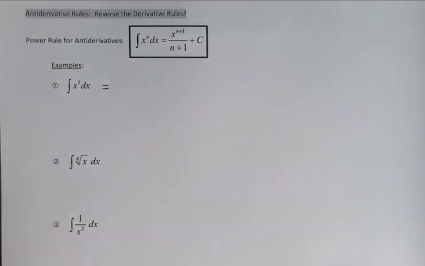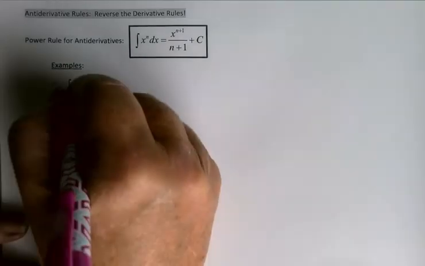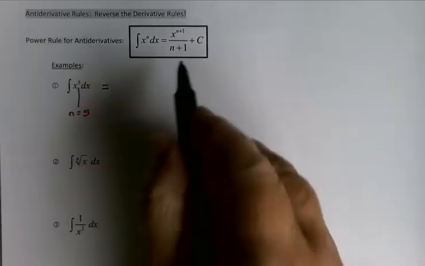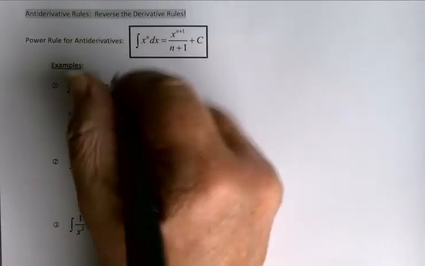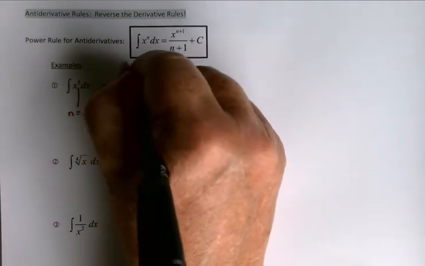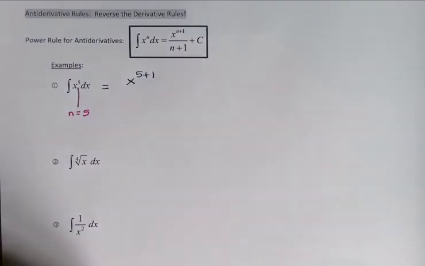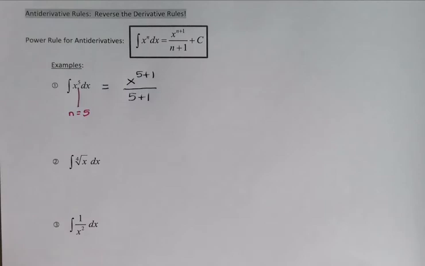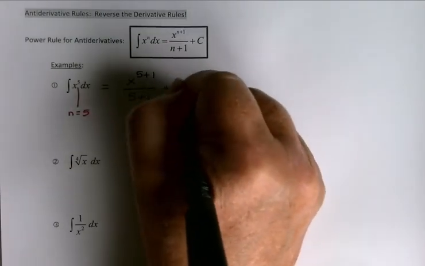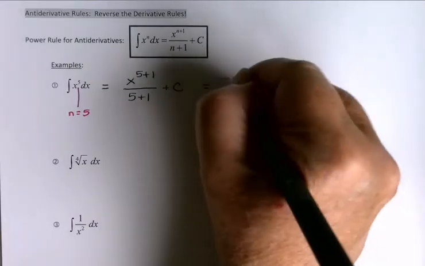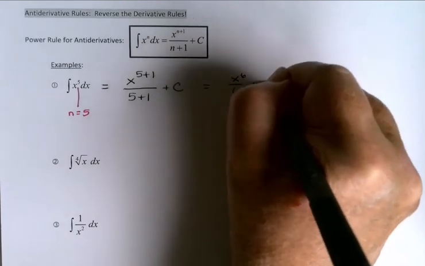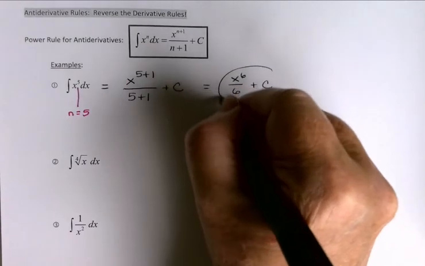Here n would be 5. So my antiderivative rule says take x to the n plus 1, so 5 plus 1, divided by n plus 1, 5 plus 1, plus c, or x to the 6th divided by 6, plus c.